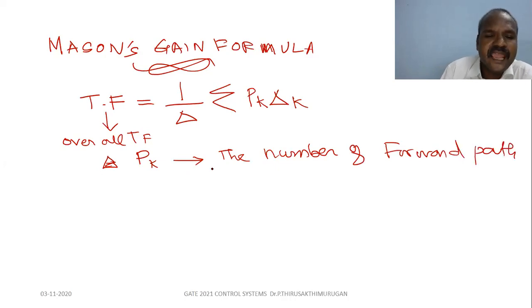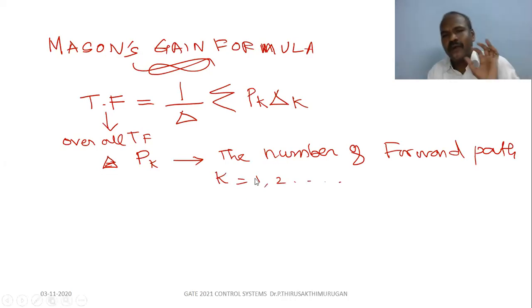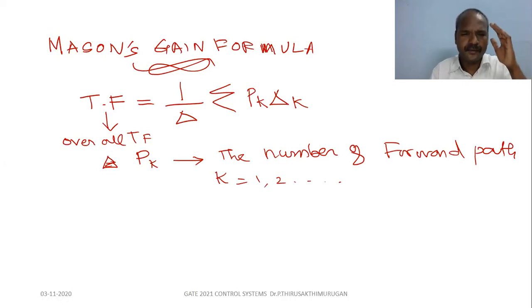Suppose there are K forward paths, so K equals 1, 2, 3, etc. First we have to find the number of forward paths. If the number of forward paths is, say, 5, then we have to find the delta value also up to 5.